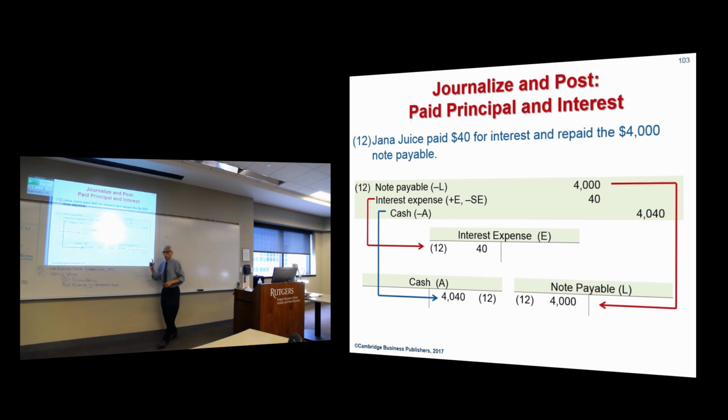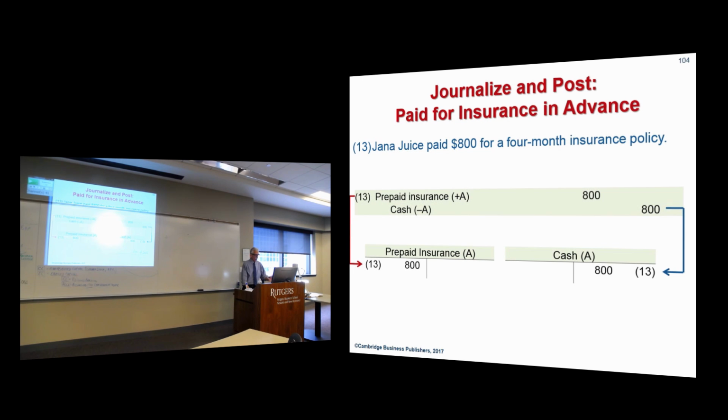The account is paid off with the debit to the note payable. We're going to see more of the full accounts in a bit, but does anyone have any questions on this particular case? You started off with a loan of $4,000. When you pay it off, it's debited, and it brings the account to zero. All right, let's go through the rest, and then summarize in a minute.